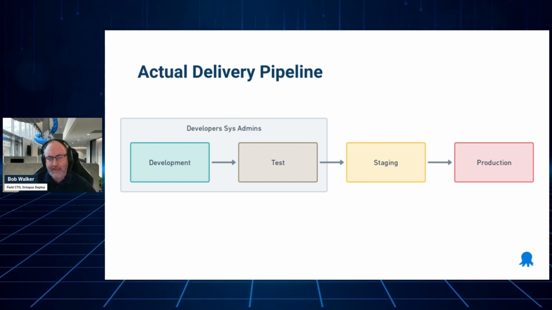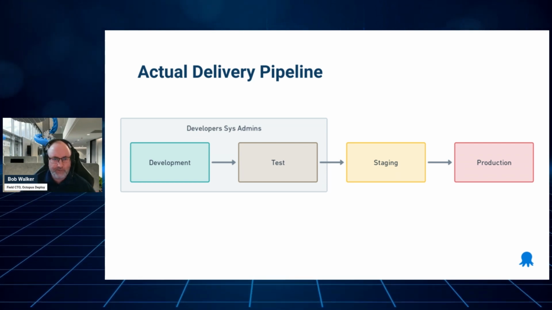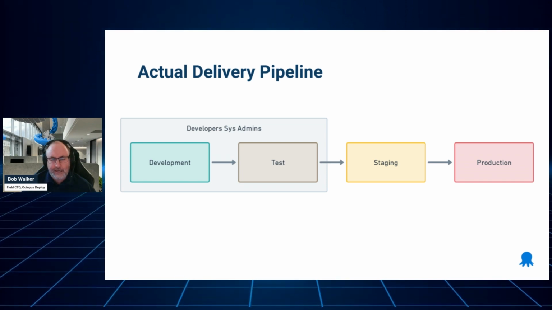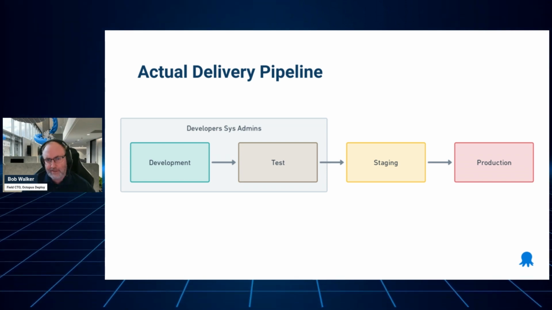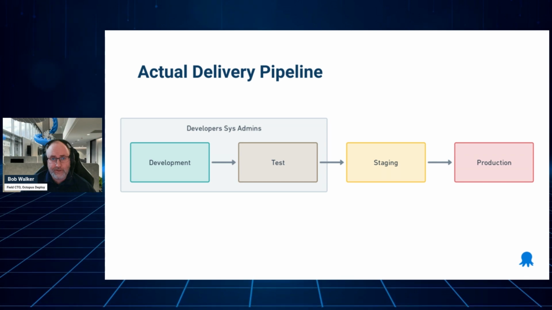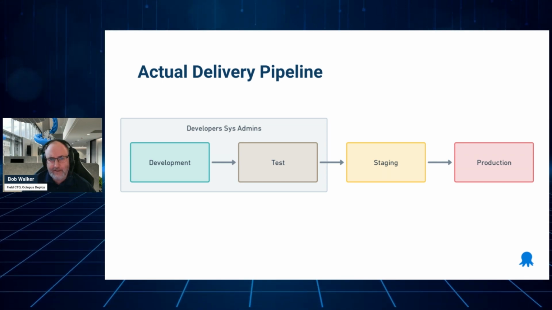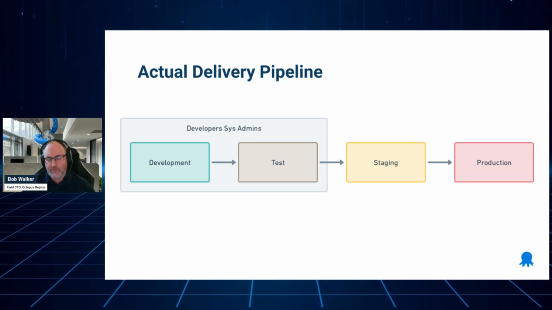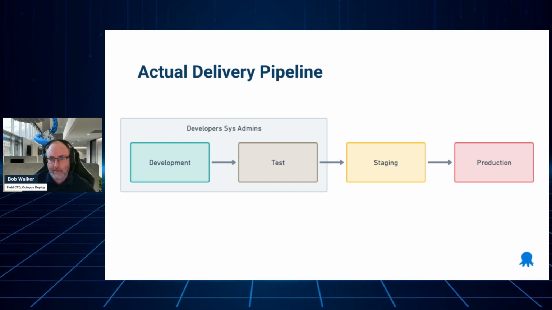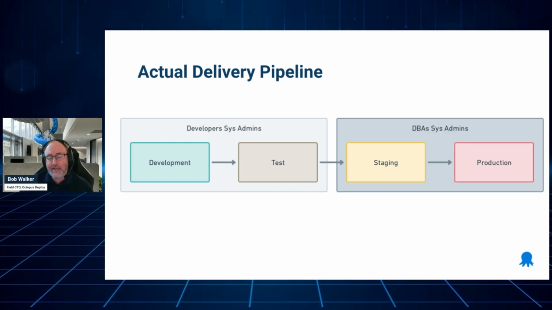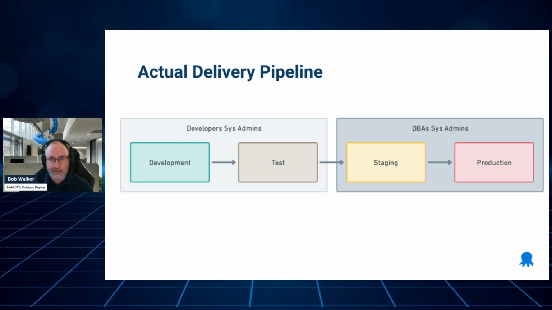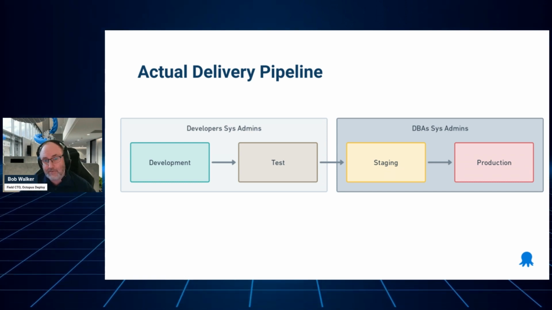And this was meant as a way to speed up the whole deployment process. Now, QA, our business owners and business analysts, they would verify all of the changes in test. And this was done because getting changes up to staging and production took a significant amount of effort. Because we had our DBAs, they were making changes to staging and production. They were the sysadmins for staging and production.